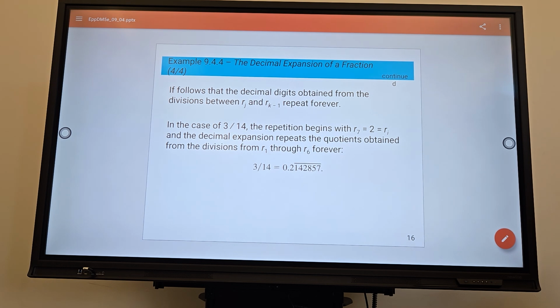In the case of 3 divided by 14, the repetition begins with R7 equals 2 equals R1, and the decimal expansion repeats the quotients obtained from the divisions from R1 through R6 forever. So 3 divided by 14 is equal to 0.2142857 with a bar over the 142857.